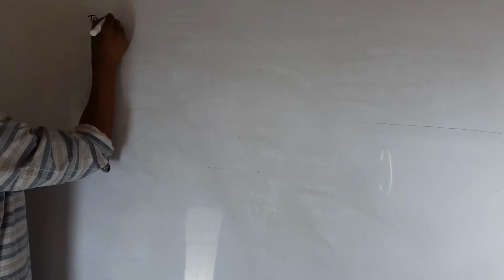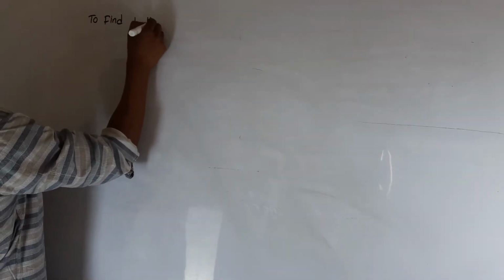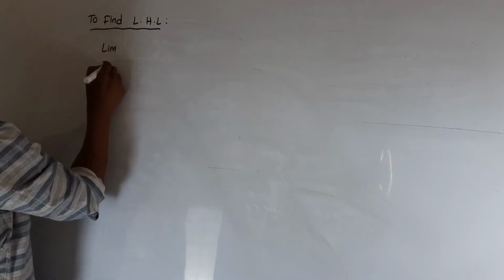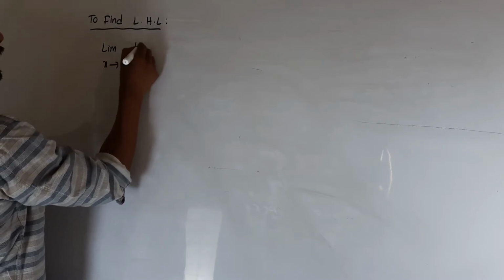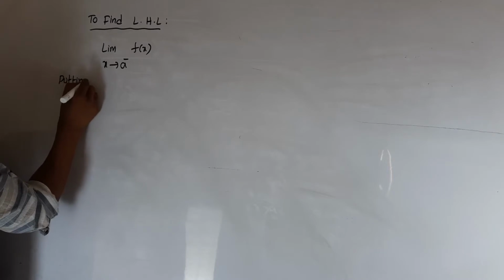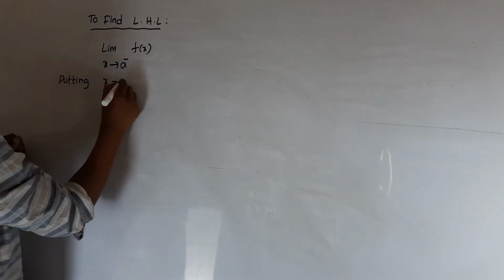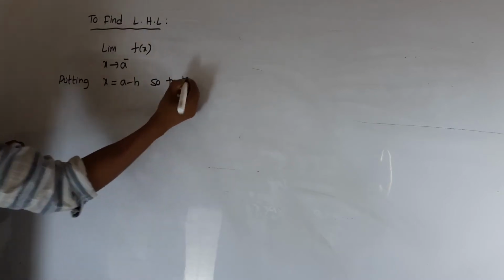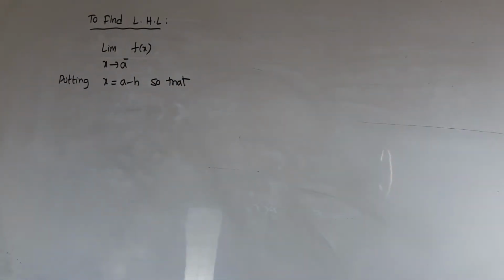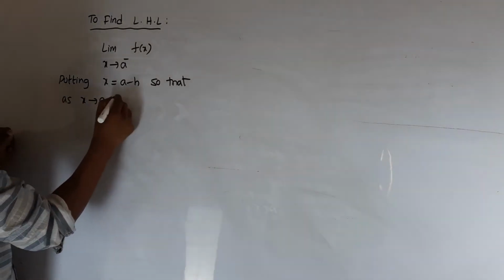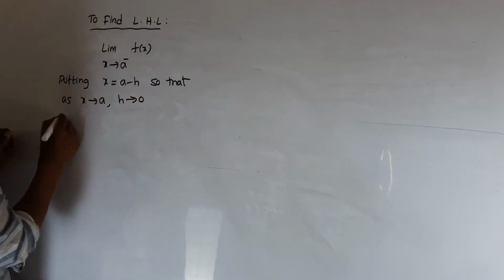Next, to find the left hand limit, limit x tends to a minus of f of x, put x equal to a minus h, so that as x tends to a, h tends to 0.